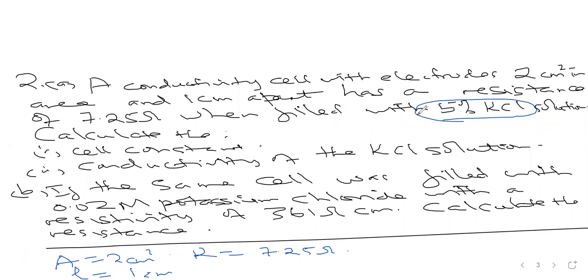I don't know, but do you know what it means? 5% potassium chloride solution means that 5 grams of potassium chloride, which is a solid, are dissolved in every 100 centimeters cubed of water.